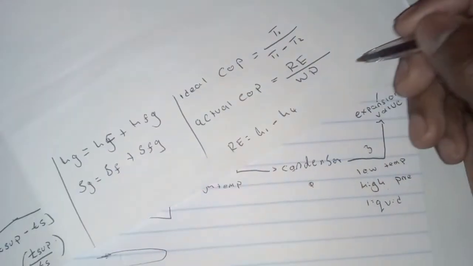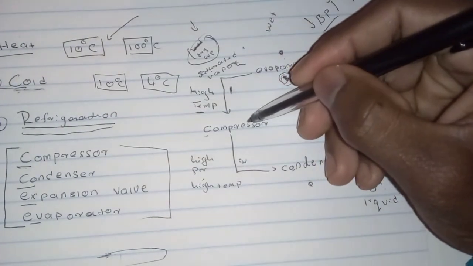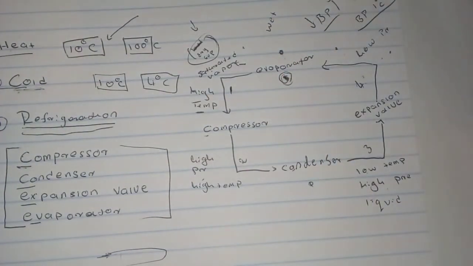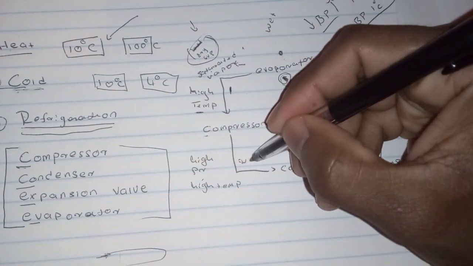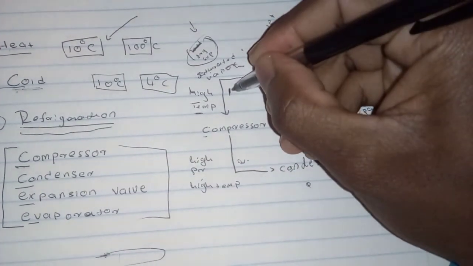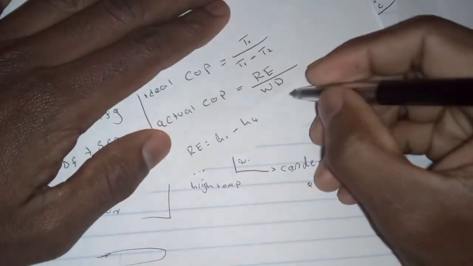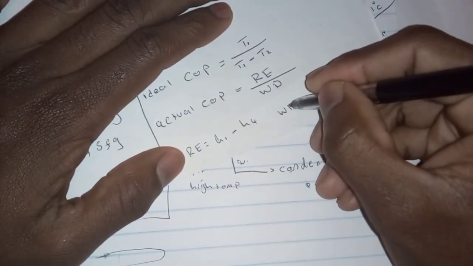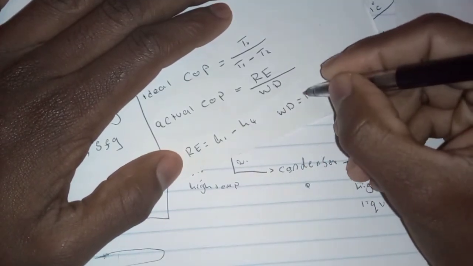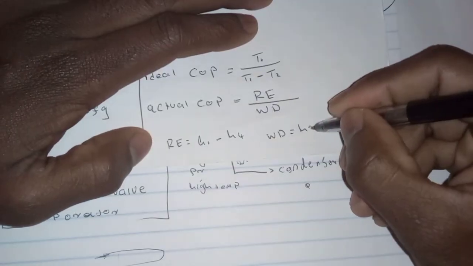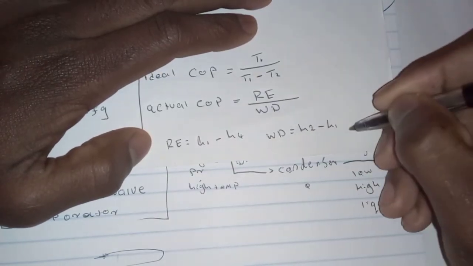And then we have work done. Work done is done by the compressor to the refrigerant. Therefore, work done equals H2 minus H1.